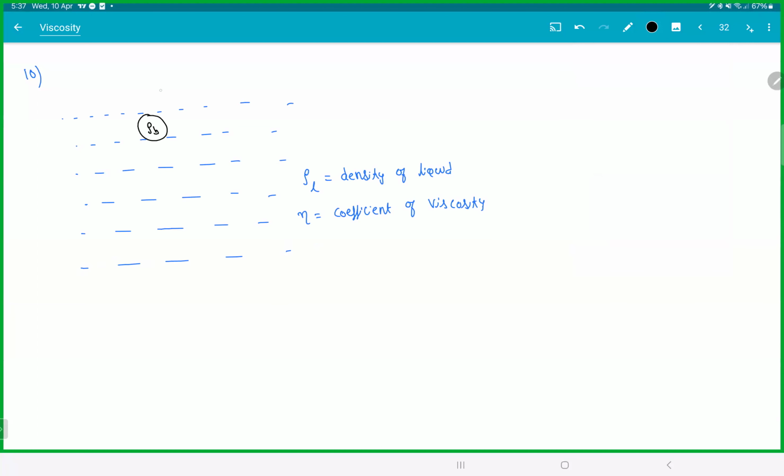Rho b is the density. A sphere is released from rest, and the density of the body is greater than the density of the liquid, so it sinks. Gravity is there. This is a pretty deep liquid, so there is no depth as such. And the radius is r.